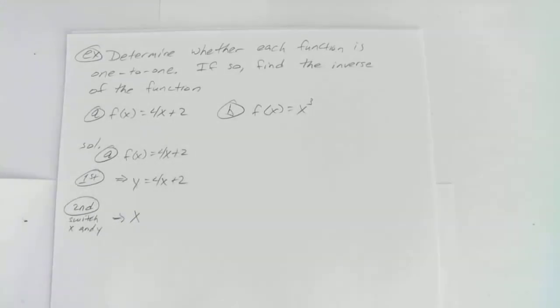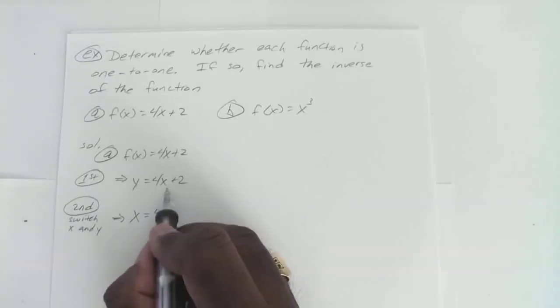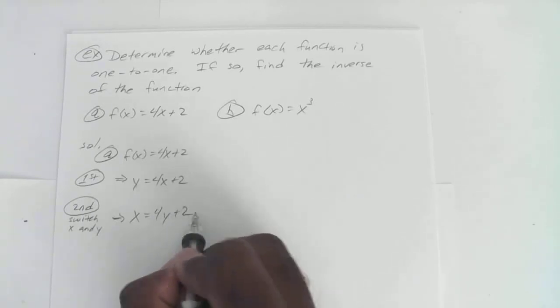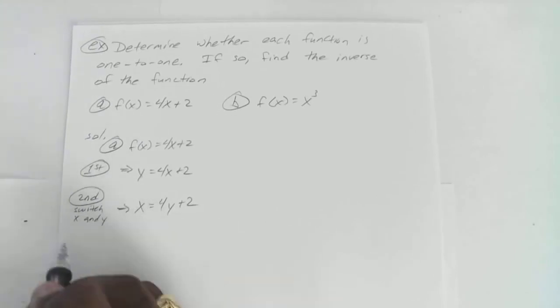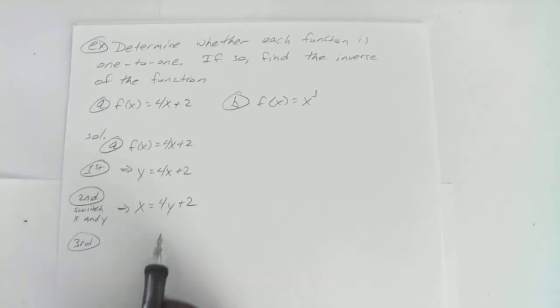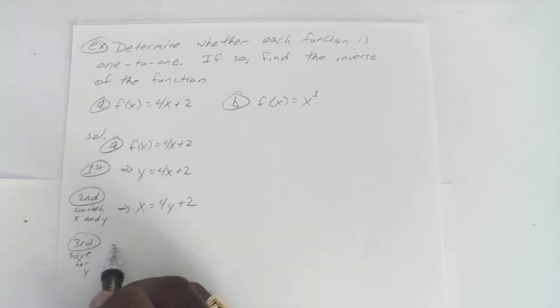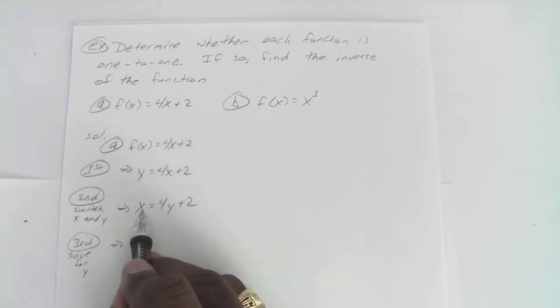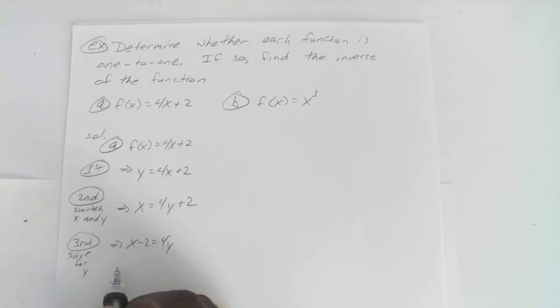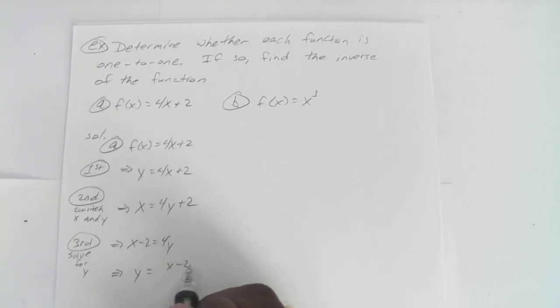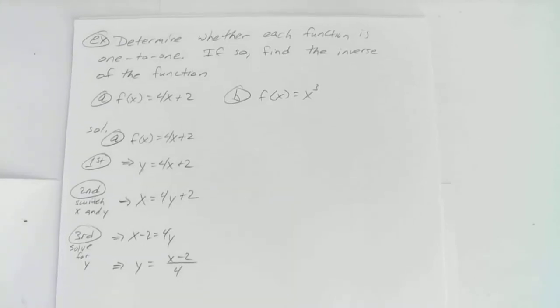So this y becomes an x and that x becomes y. Okay. Now your third step, remember that now we're going to solve for y. So that gives us, subtract 2. So x minus 2 equals 4y. So y equals x minus 2 over 4.